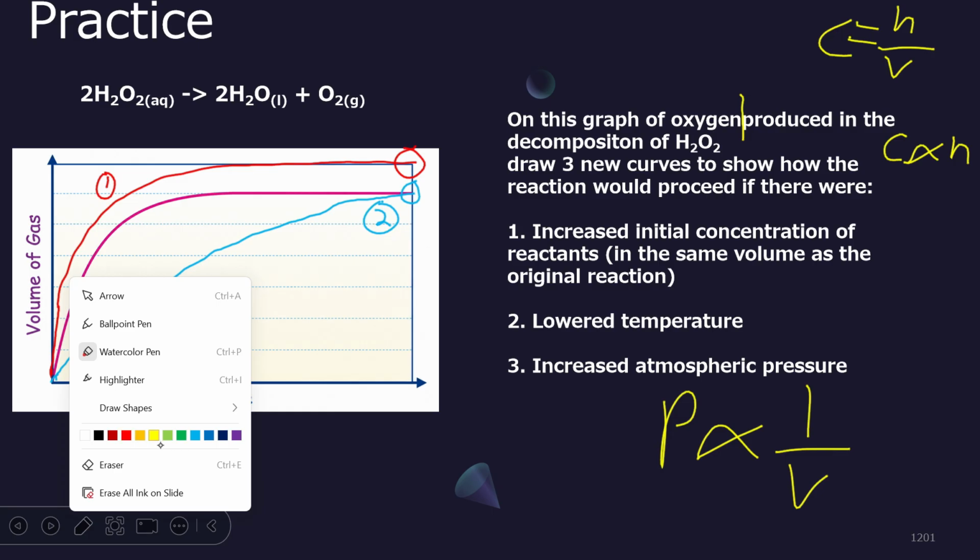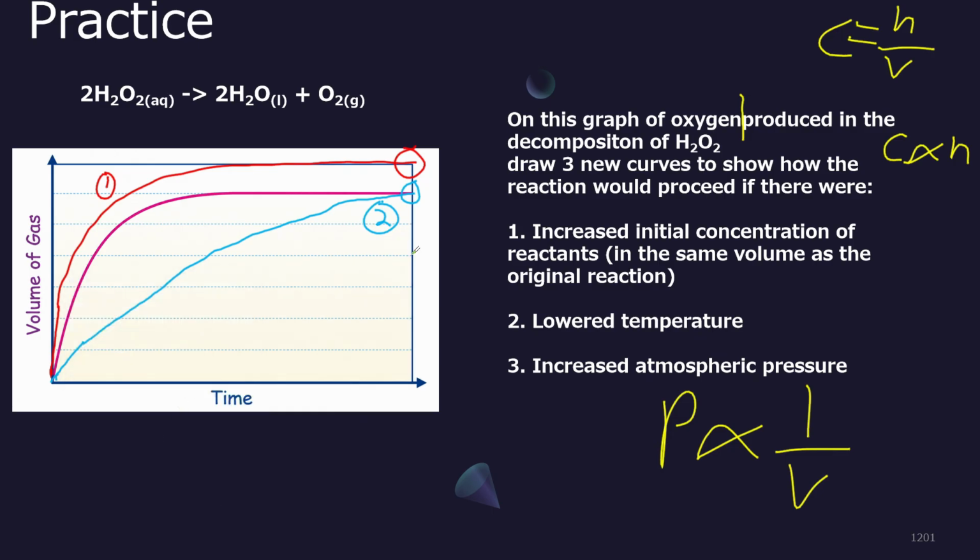So we might have, I'll use green here, might have our reaction finishing here with increased pressure. But the rate should essentially be the same as it was originally, especially the initial rate there. It's just when the gas escapes and we actually measure its volume, it can't have as much volume as before because we have higher pressure now surrounding it.